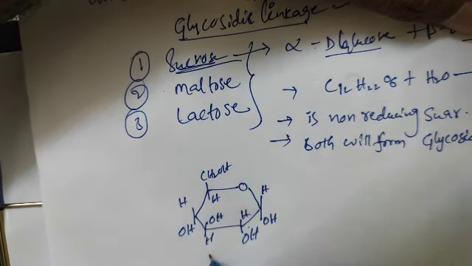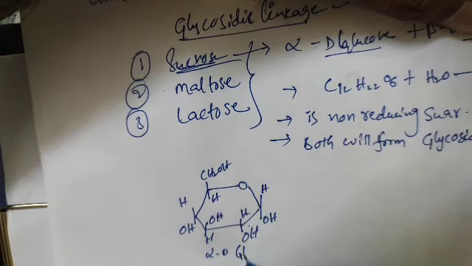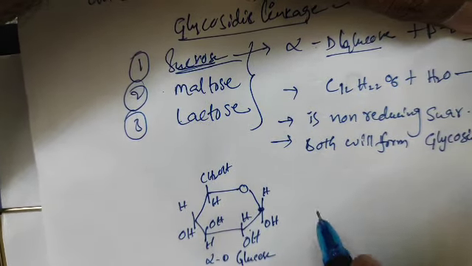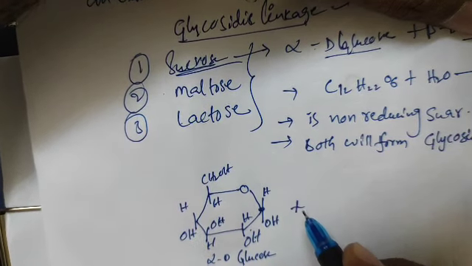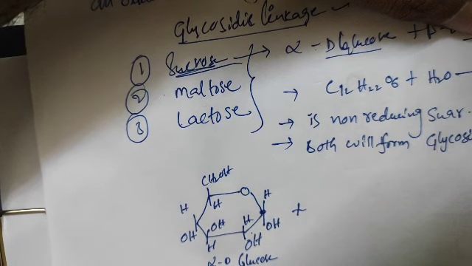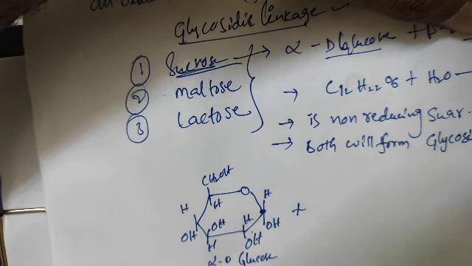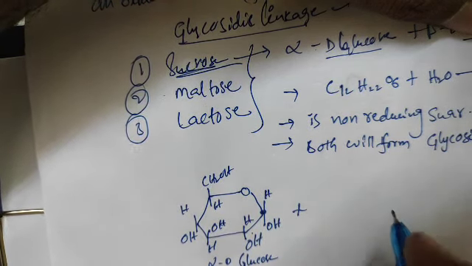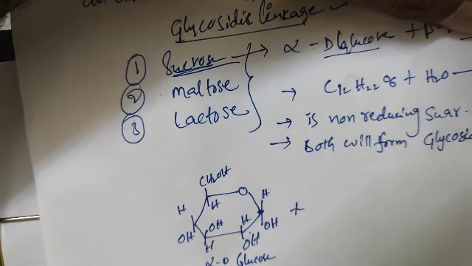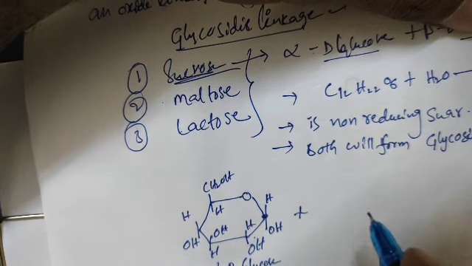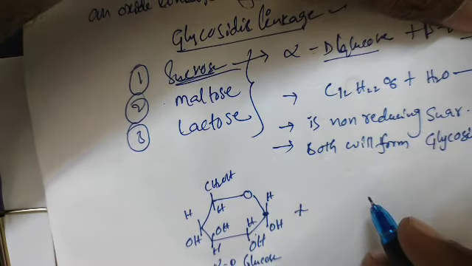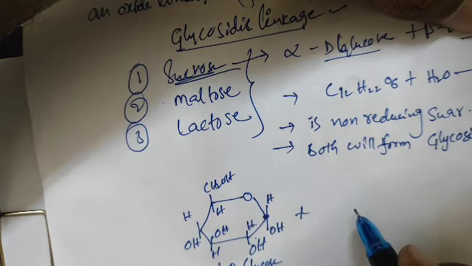This is alpha D glucose. The difference between alpha D and beta D is only here. To get sucrose we join alpha D glucose with beta D fructose. Last class we discussed fructose structures. Fructose has a 5-membered ring only, no?